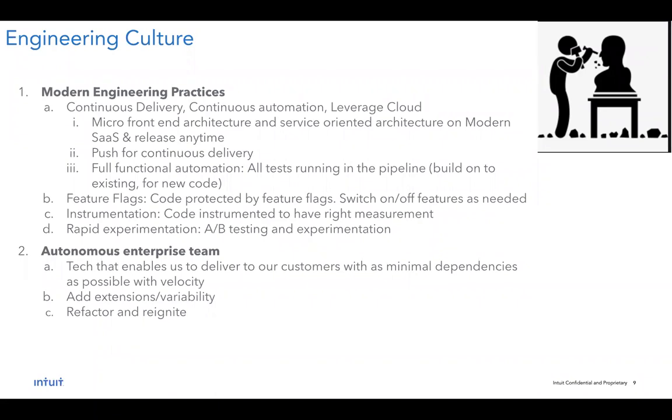And these two of feature flags combined with modern engineering practices such as automated continuous delivery over the cloud enables rapid experimentation. This helps with A/B testing, and with the right set of measurement, we can actually define your experiments and declare a success or a failure of the experiment.